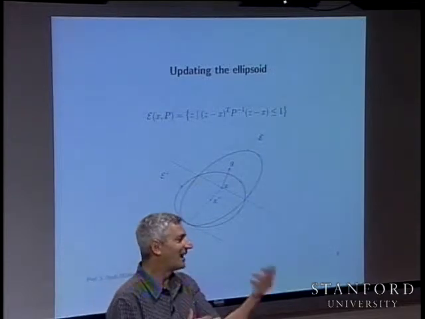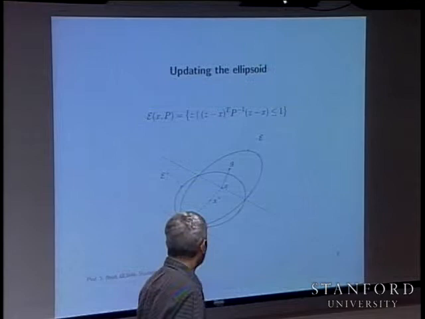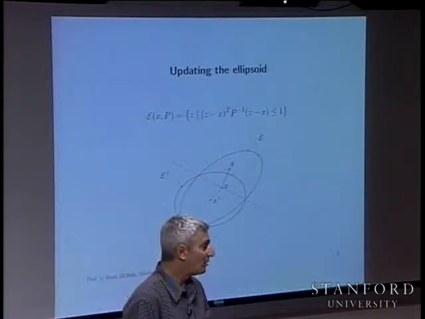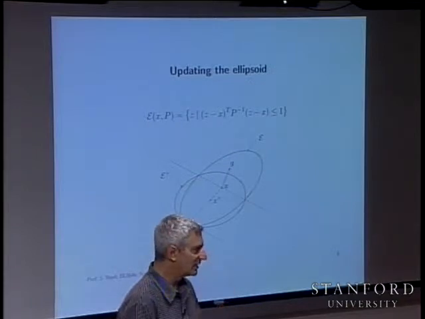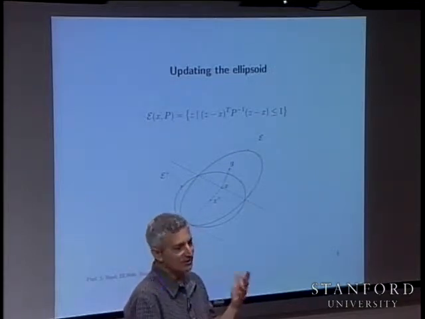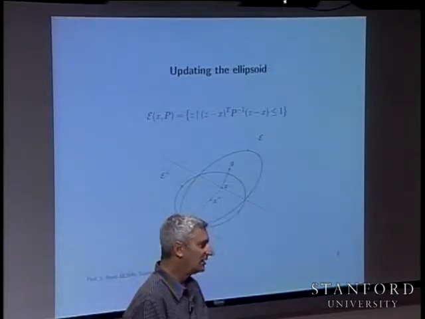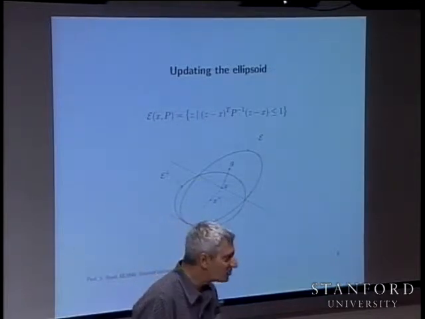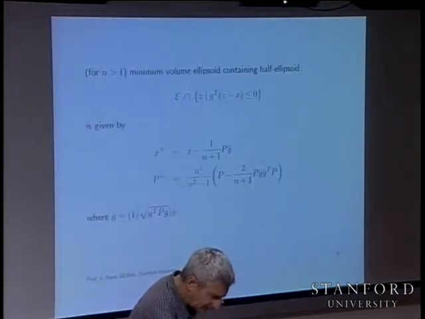The eigenvalues of P, for example the condition number, tell you how anisotropic that ellipsoid is. If the condition number is 2, in one direction it's twice as big as in some other. If it's 10,000, it says something else, and so on.